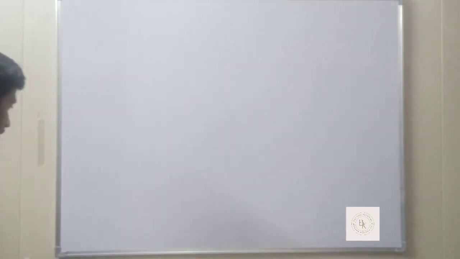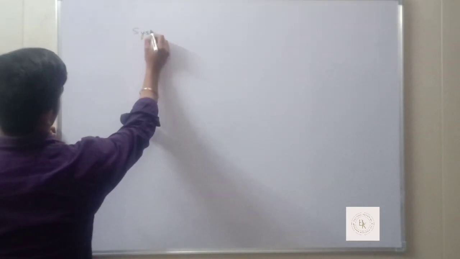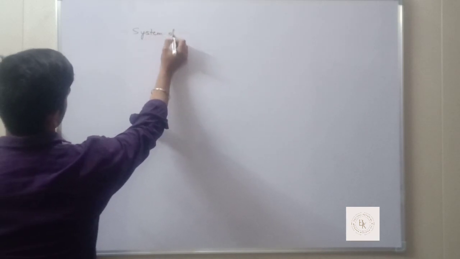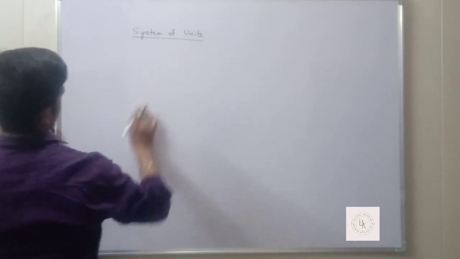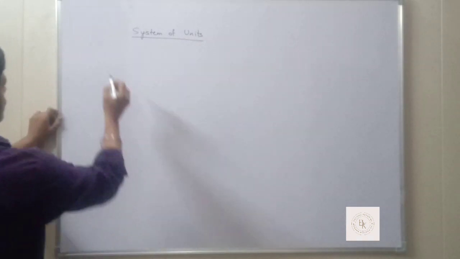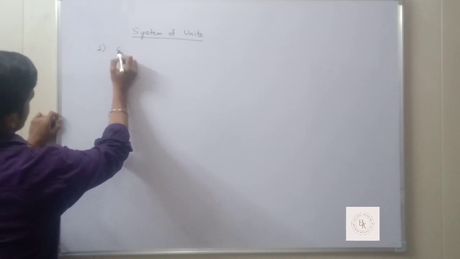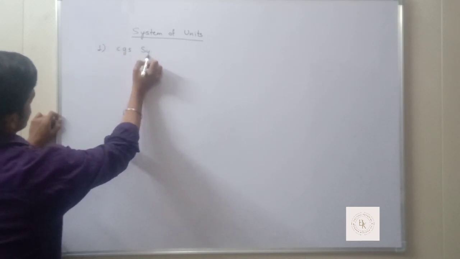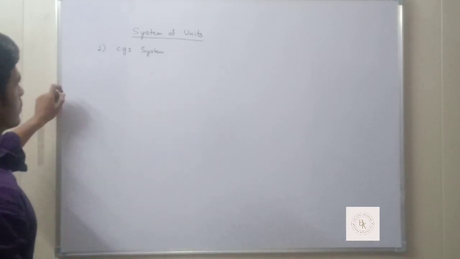So I am saying that we shall now look at the system of units. Now what is a system of units? There are some systems of units. The first one is the CGS system. Now what is this CGS system?